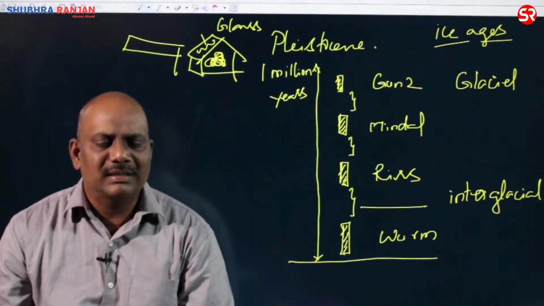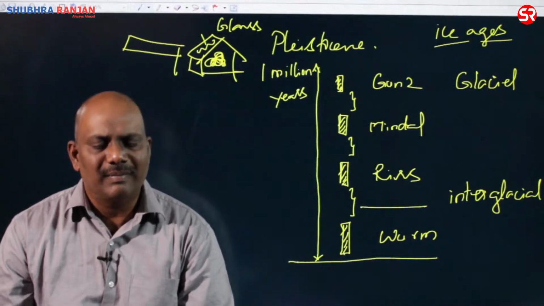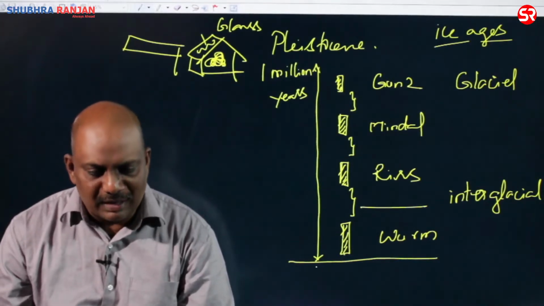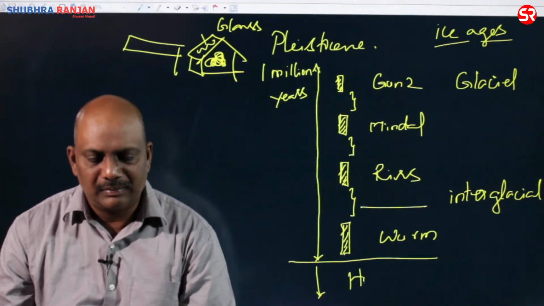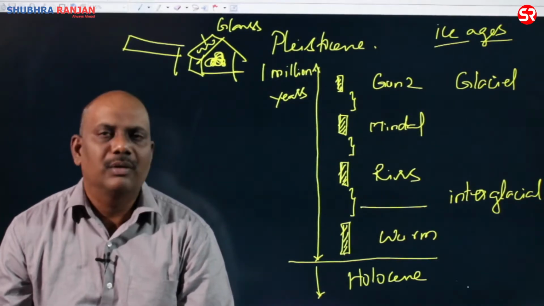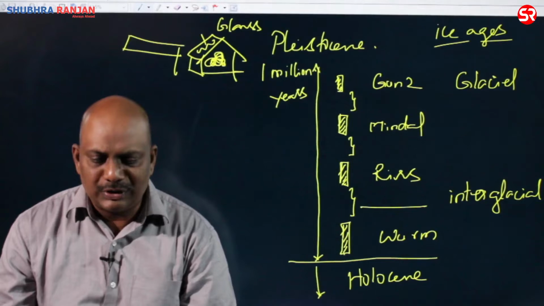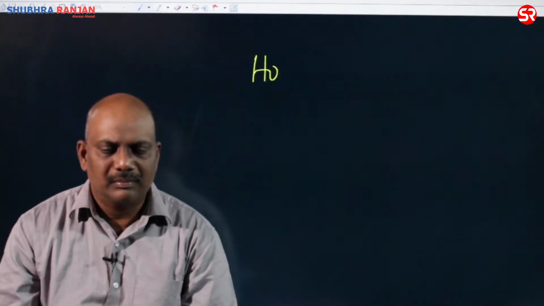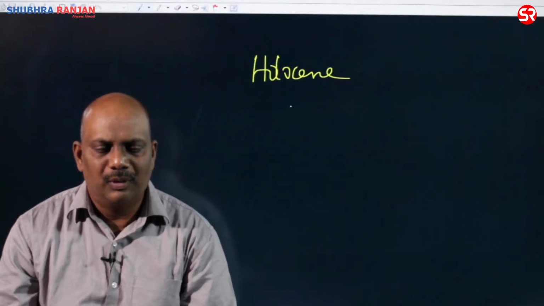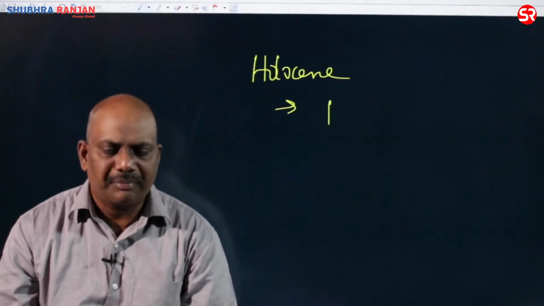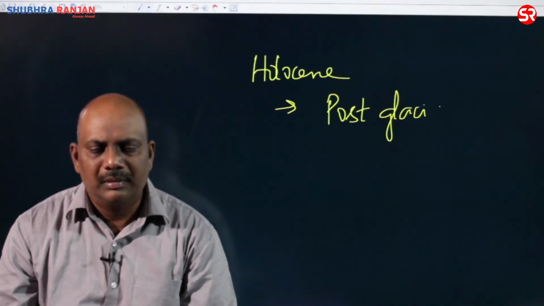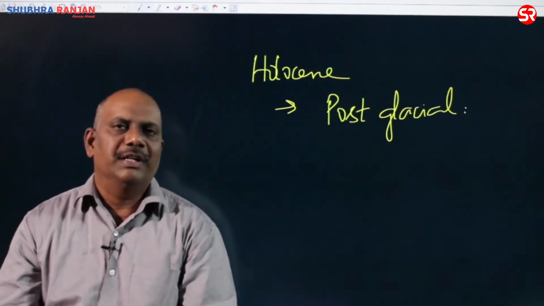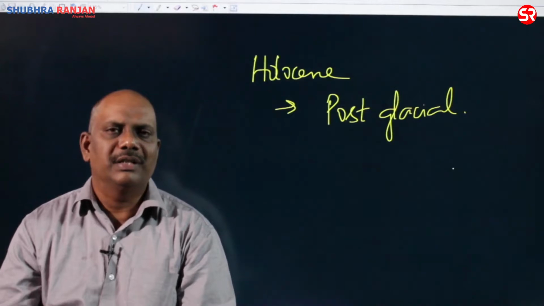This marks the end of the Pleistocene period, and the next phase, in which we are living now, is called the Holocene. Holocene technically means post-glacial.